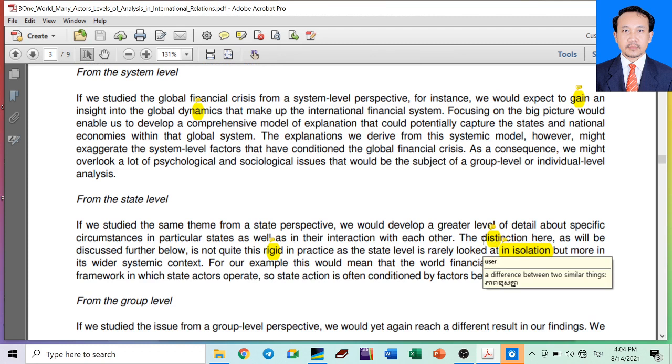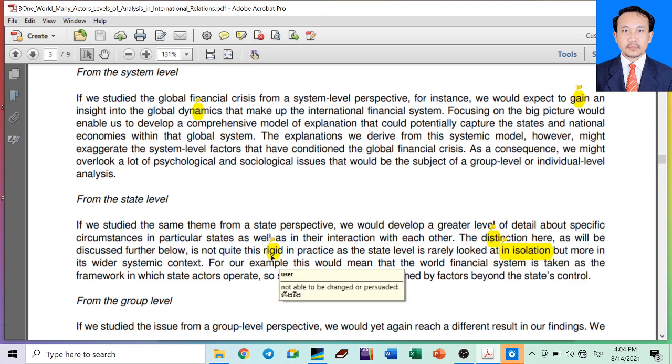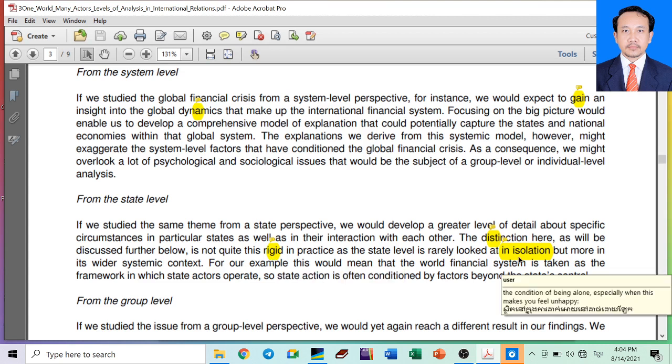Rigid: not able to be changed or persuaded. In isolation: the condition of being alone, especially when this makes you feel unhappy.